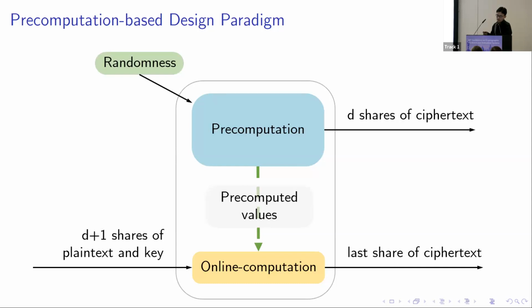In the pre-computation phase, it takes only randomness as input and produces D shares of ciphertext. It also produces some pre-computed values. Then in the online computation, it takes D+1 shares of plaintext and key and produces the last share of ciphertext.